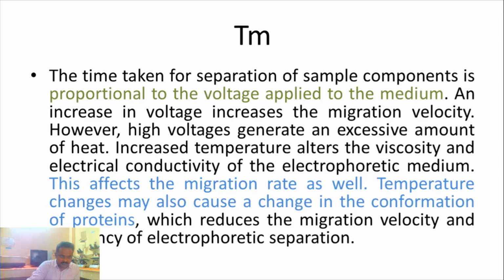I already told you, we are concerned only with the temperature, not the distance, not the time. The temperature is important. How? Agarose forms the gel at exactly 38 degrees centigrade.